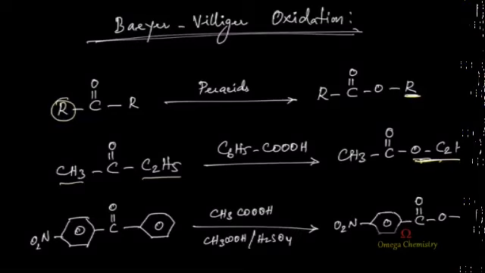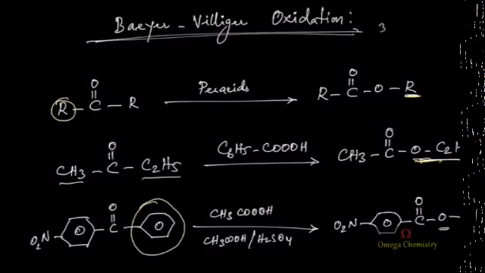Now when we have that idea and look at the third case, we can understand that this phenyl group has undergone migration, right, because it is attached to oxygen. So the migratory aptitude in Baeyer-Villiger is in this order: tertiary will preferentially migrate, then secondary, then primary, then methyl group, right? And if you have an aryl group and an alkyl group, the aryl group will preferentially migrate over the alkyl group.